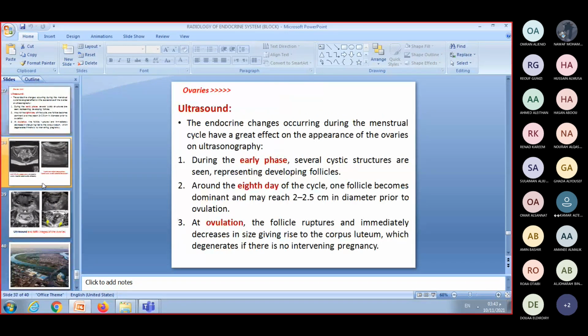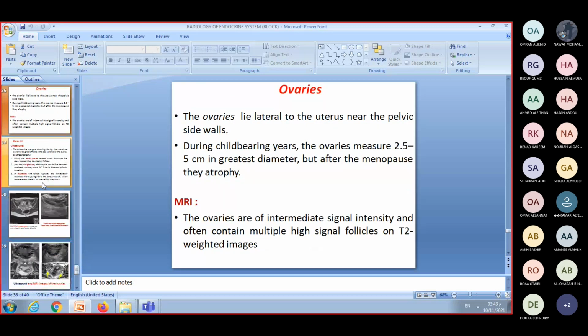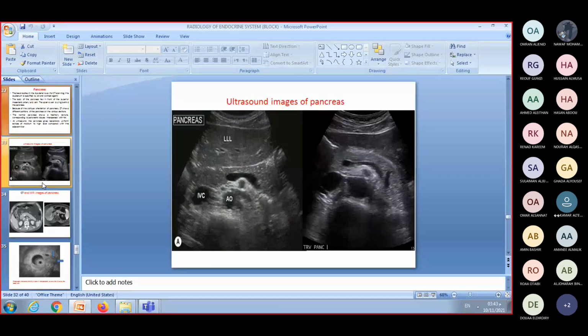Hyperechoic is bright on ultrasound, and hypo means black. So hyperintense is more bright in MRI, and hyperdense is more bright in CT scan. That's the terminology: density in CT. When we talk about MRI, you have to use intensity or signal, hyperintense or high signal.